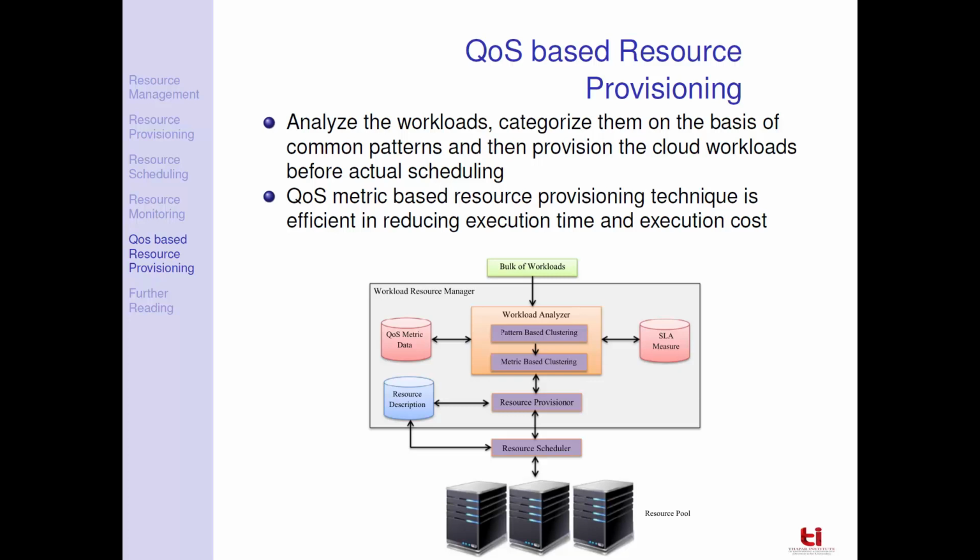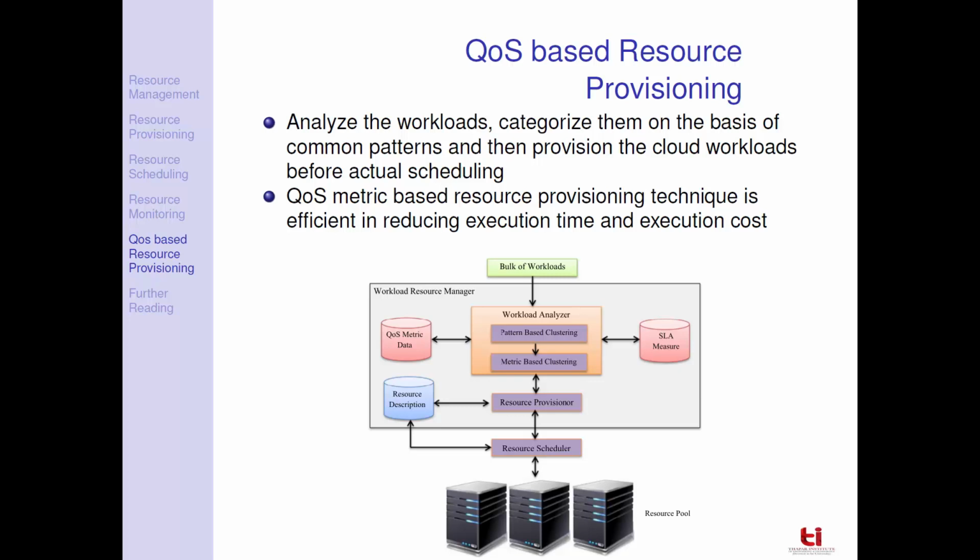It gives a metric based on which the clustering of the workload is done. So the basic idea is to cluster the workloads with similar kinds of quality of service requirements and then do the provisioning of the resources for the given workload. Provisioning of appropriate resources will depend on the QoS requirement of the cloud workload.